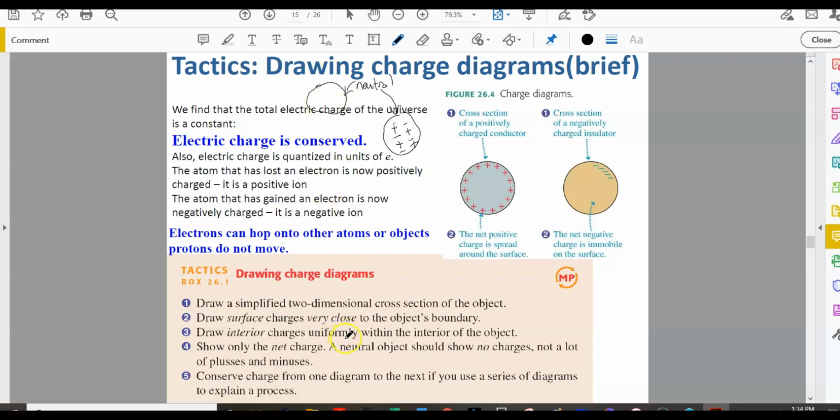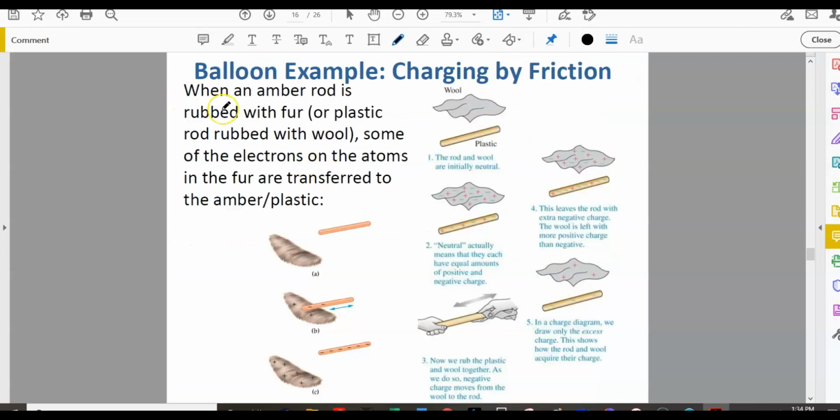Just keep them like it doesn't show anything. That way, it looks nice and clean, and you can assume that since you're not seeing any excess charge, that is a neutral object. Okay? So that's the brief of that. If you want a more detailed version, I think I put another detailed version in the notes.